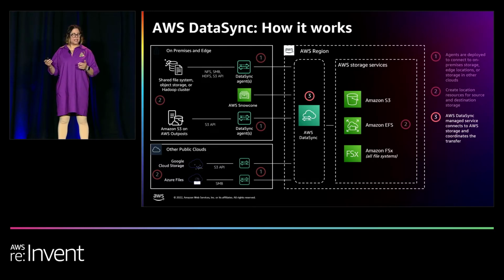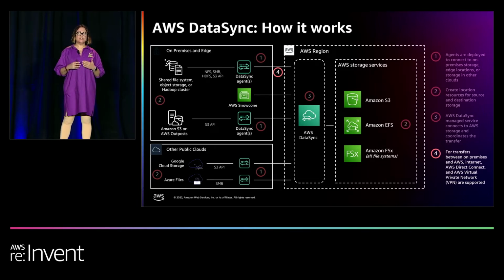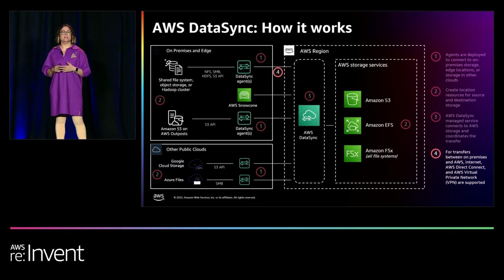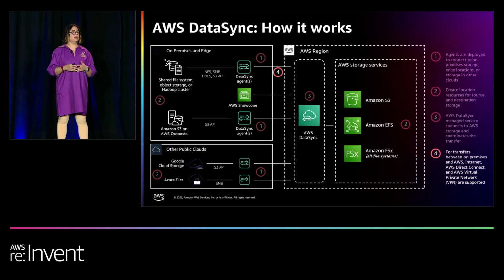And as discussed, in case you are moving your data from on-premises to AWS, you can leverage any of the connectivity endpoints that fits your needs. We discussed the public and private endpoints, as well as the FIPS endpoints.